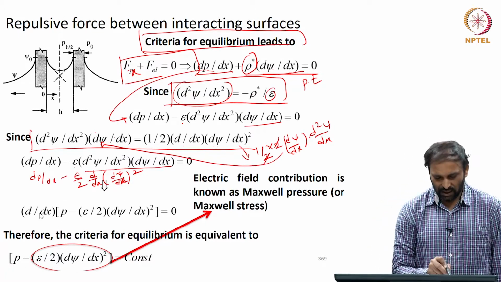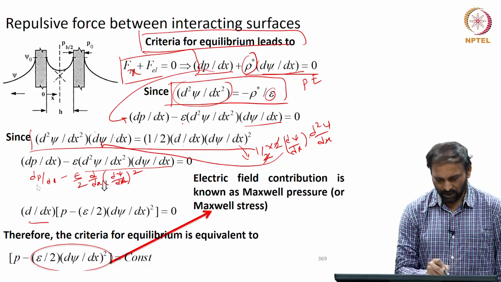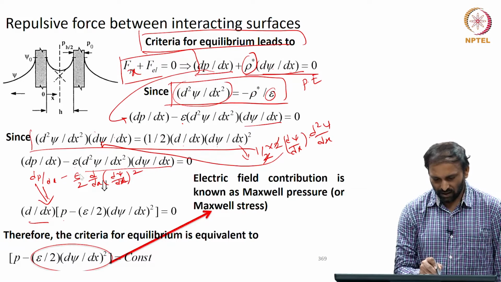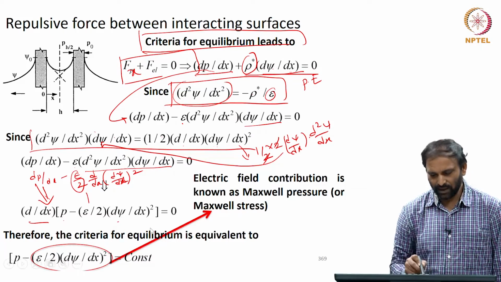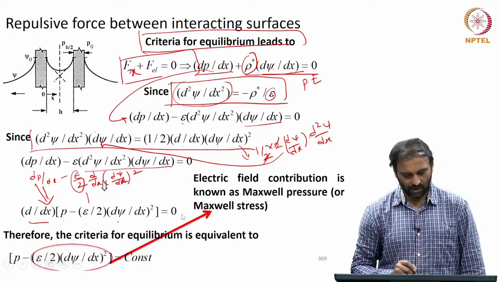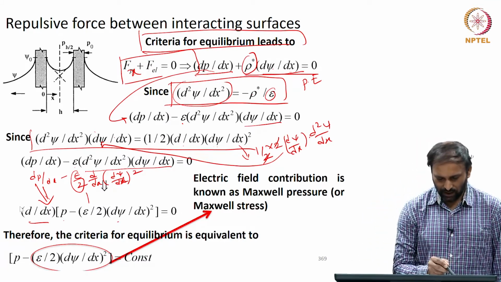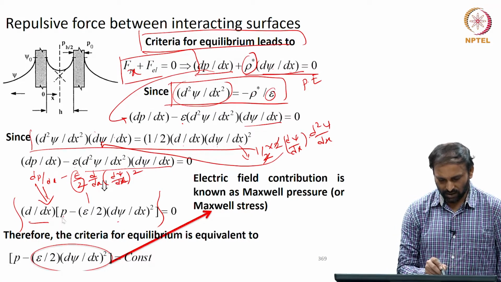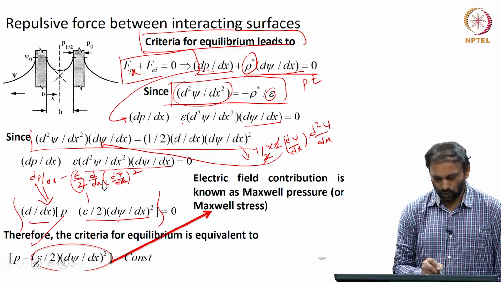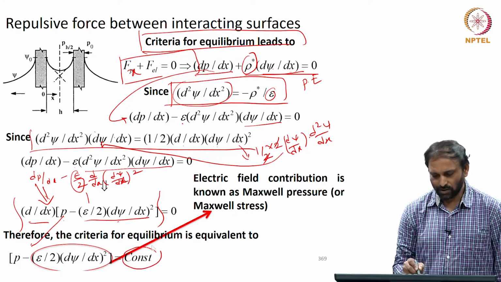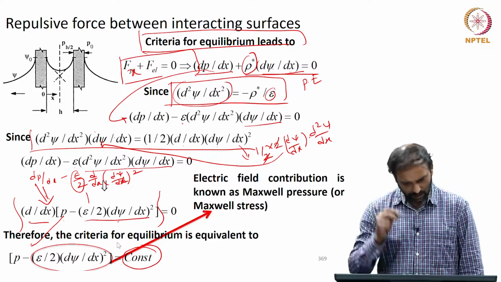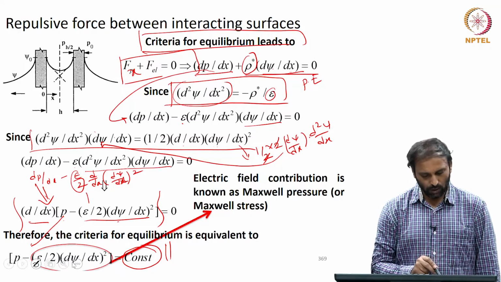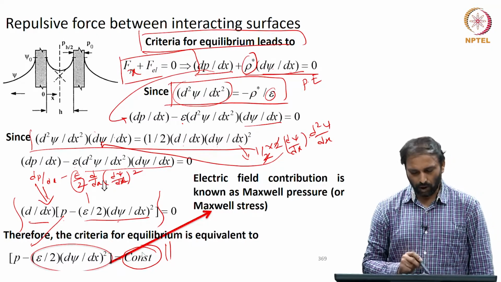So, if I take d by dx as common, this becomes p minus epsilon by 2 times d psi by dx whole square is equal to 0. Now, if I integrate this, what I end up with is p minus epsilon by 2 d psi by dx whole square is equal to constant. And so, therefore, the criteria for equilibrium now becomes p minus epsilon by 2 d psi by dx whole square is equal to constant.